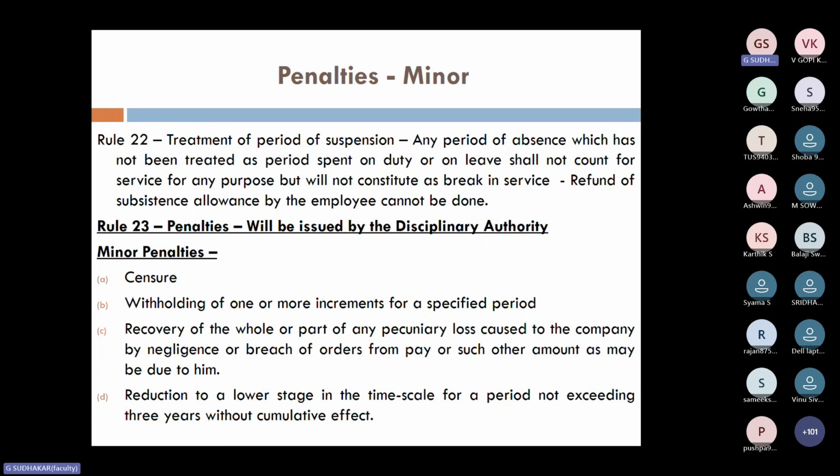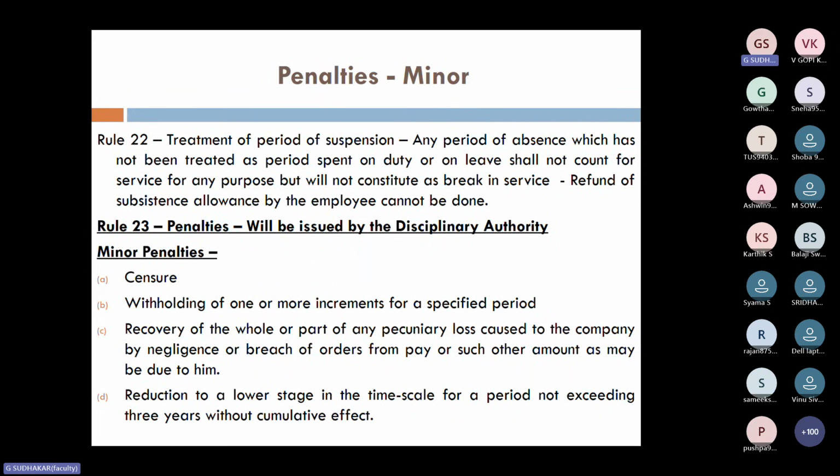Any period of absence which has not been treated as period spent on duty. Suppose at the final inquiry, it is proved that the employee is not at fault, some other employees are at fault, then everything will be revoked. Suspension period will be revoked. It will be treated as continuous service. The balance amount of 50% will be given to the employee.